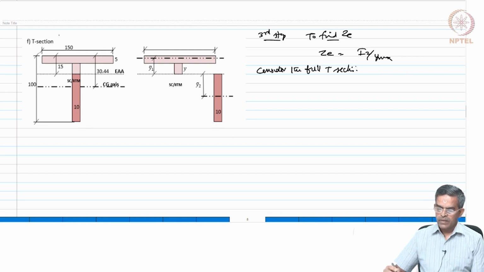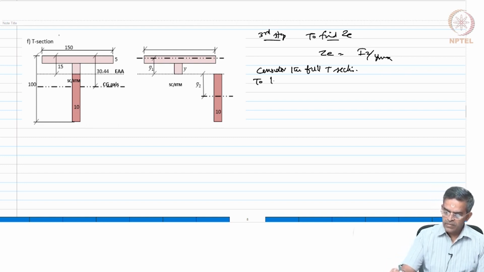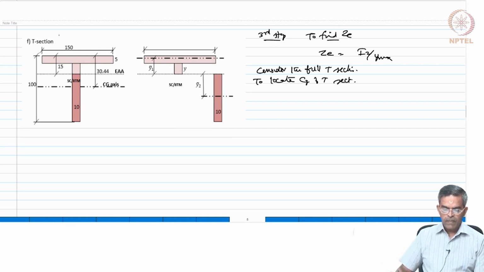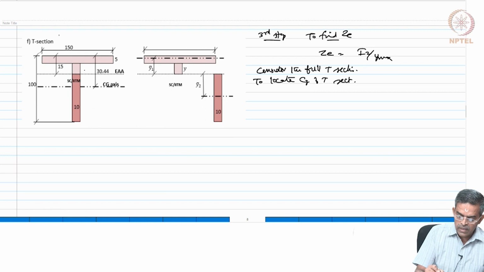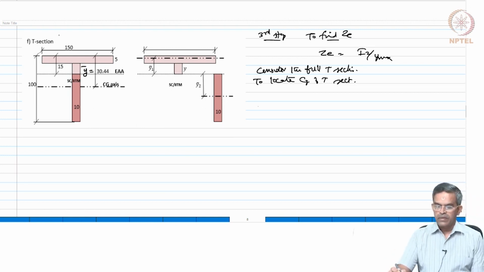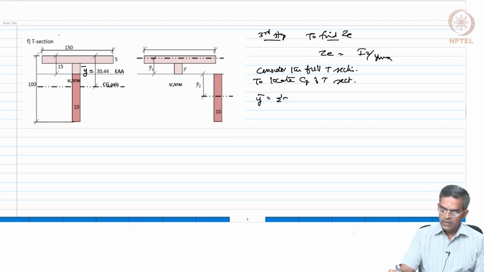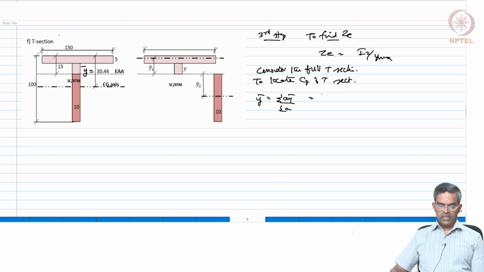Now, to locate the CG of the T section, let us say the CG is taken as y bar in this case. So, y bar is sigma A y bar by sigma A. Let us do it for the two sections separately.